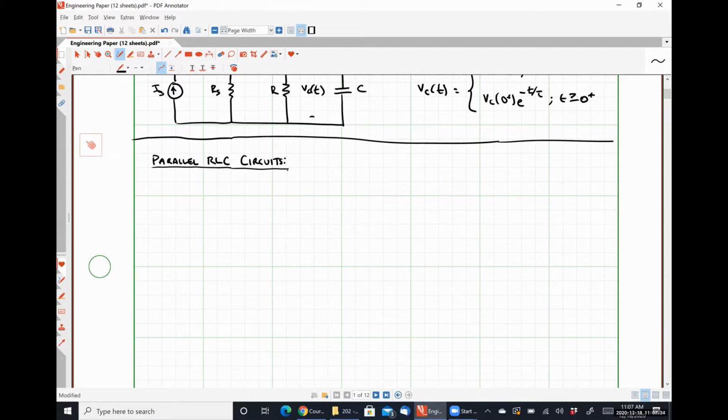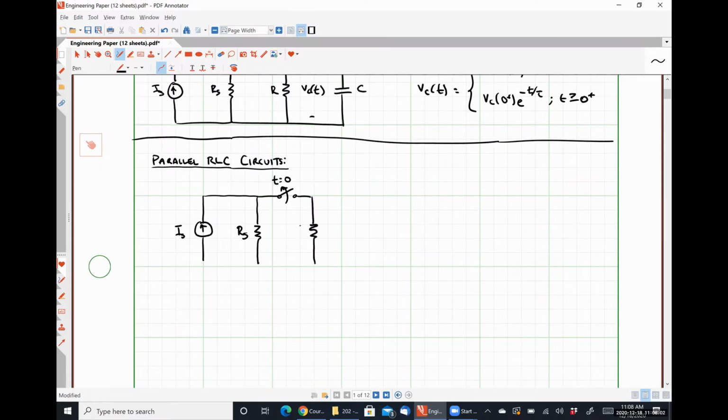All right. So let's say that I have something similar to the previous two circuits that I've drawn, a practical current source. Switch that opens at t is equal to 0.